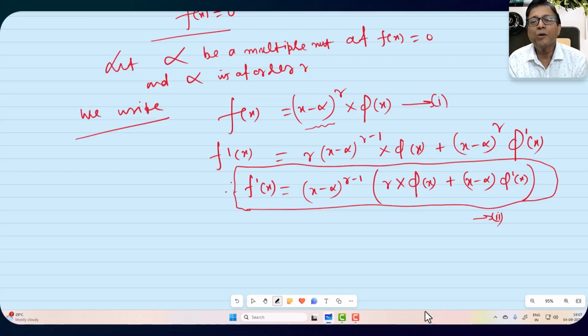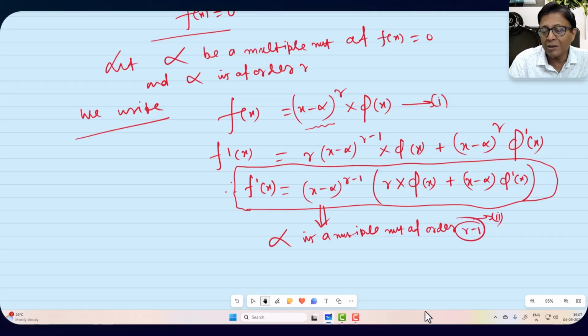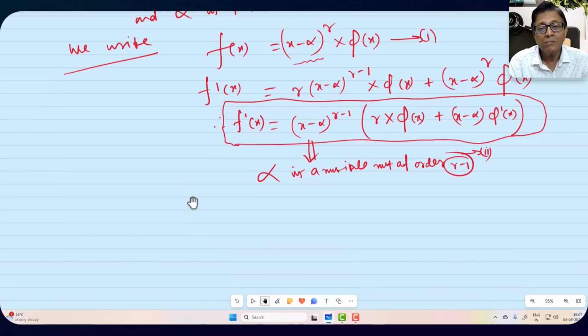So what do you observe between this and this, 1 and 2? Alpha is a multiple root of order r here. Can't I see that this equation, f dash x, has alpha as a multiple root of order r minus 1? That we can say.